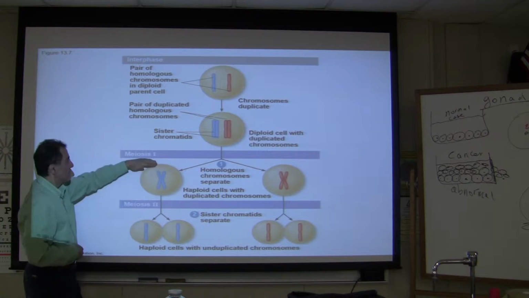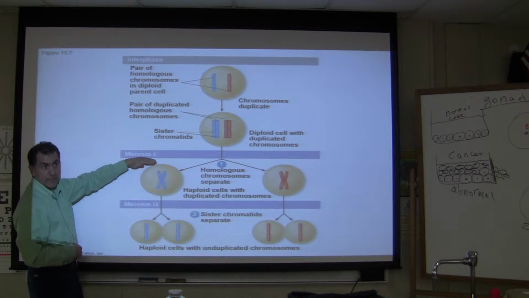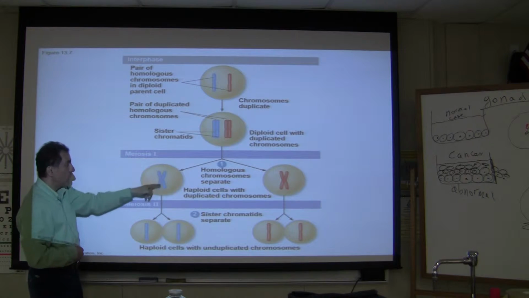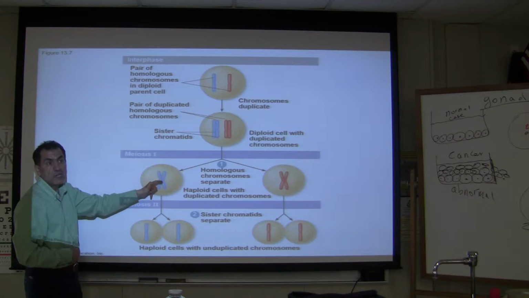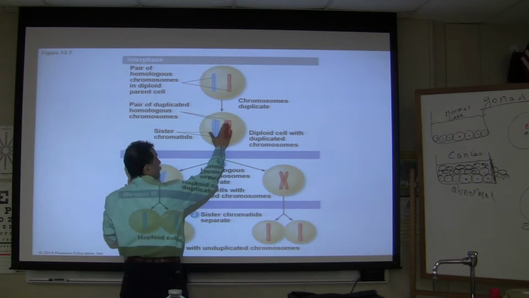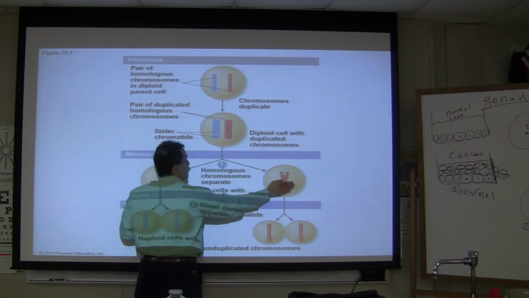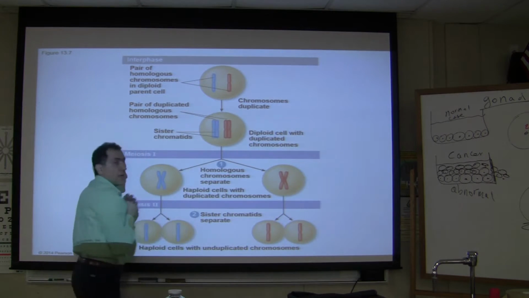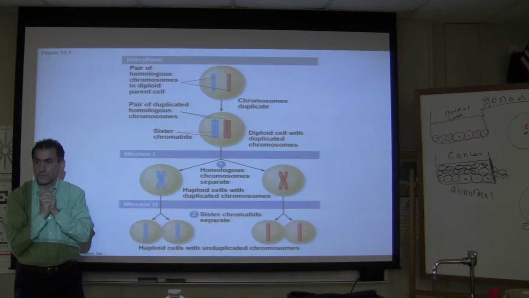But anyhow, so meiosis 1, what will happen, the homologous chromosomes go to separate cells. This chromosome, the red, went here, and the blue went here. Do I make sense?